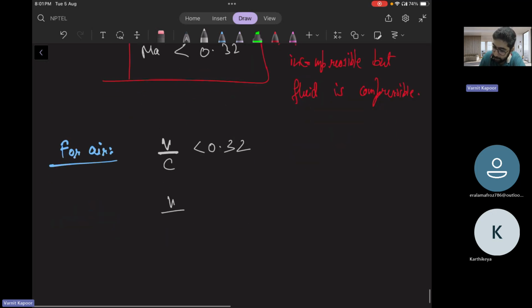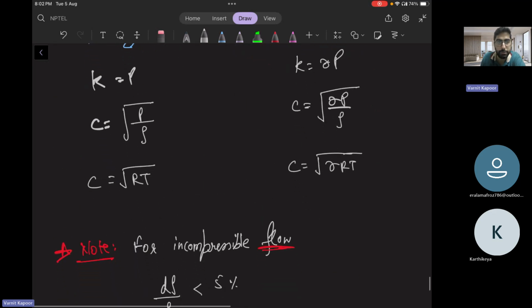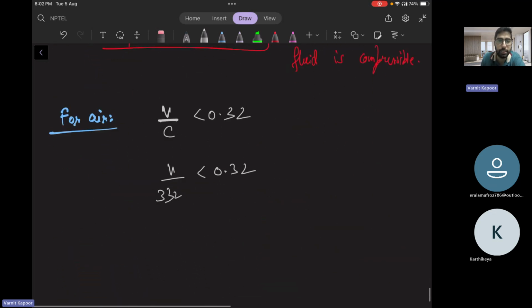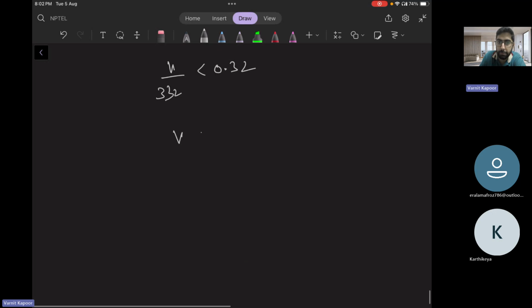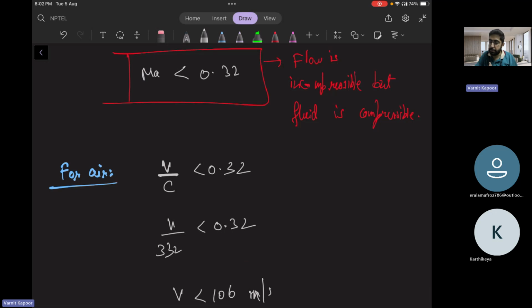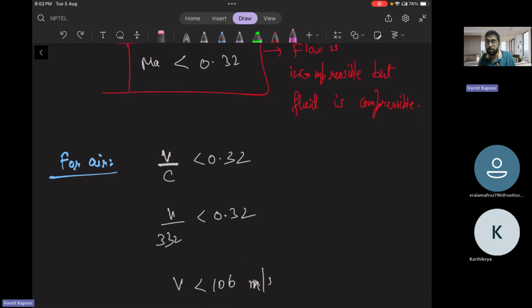The speed of sound, if you put the values in gamma RT, comes out to be 332 to 334. So here velocity will be less than 106 meters per second. So for incompressible flow of air, your velocity should be less than 106 meters per second. I'm saying this is fluid, not liquid. Fluid is compressible. Gas can be compressible. Air can be compressible, but flow is incompressible.